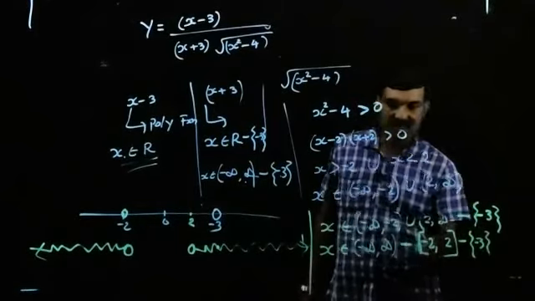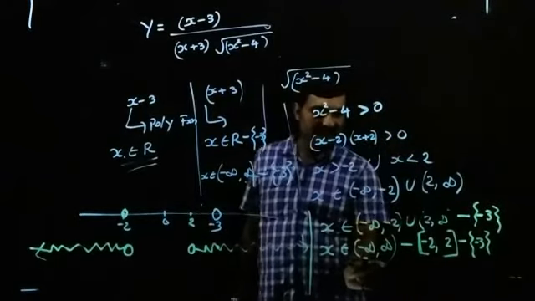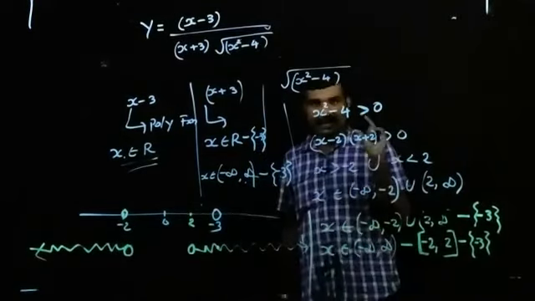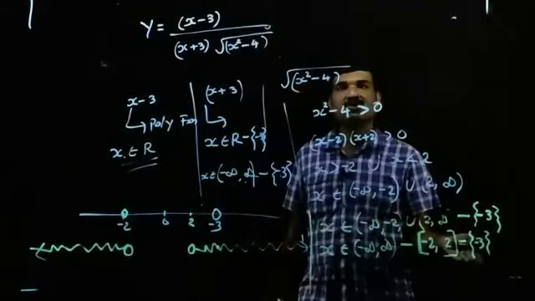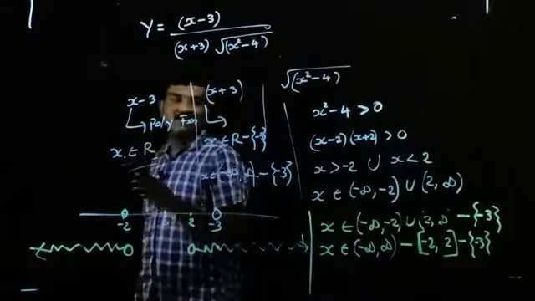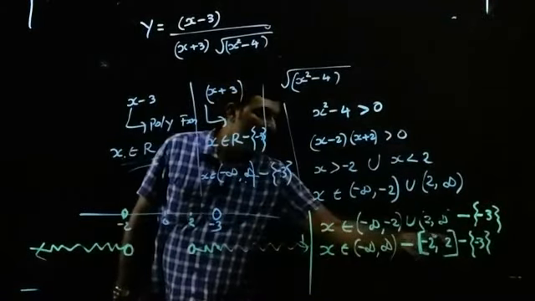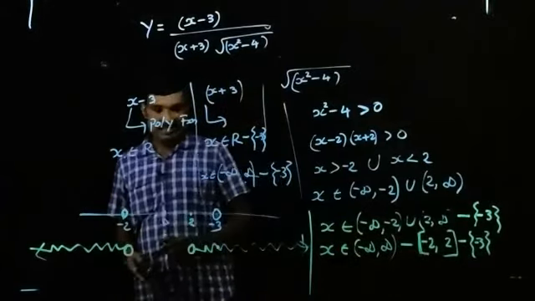So this is another way of representing it. So the set of entire real numbers excluding the numbers lying between -2 and 2, including -2 and 2, is not included in the domain. Also, -3 is not included in the domain.